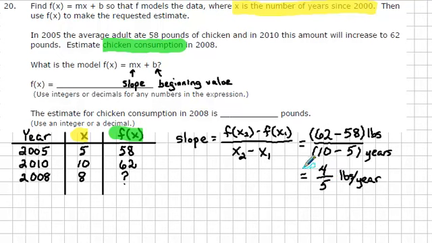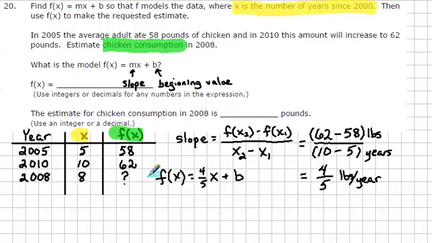Alright, well, we have our slope, which corresponds with the m value, so we can go ahead and write our function. It's going to be f of x is equal to 4/5 times x plus b. In order to figure out our b value, we can use one of our ordered pairs. We can substitute in a value of f of x and the corresponding value of x.